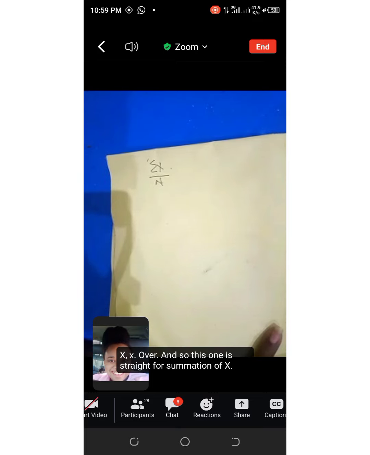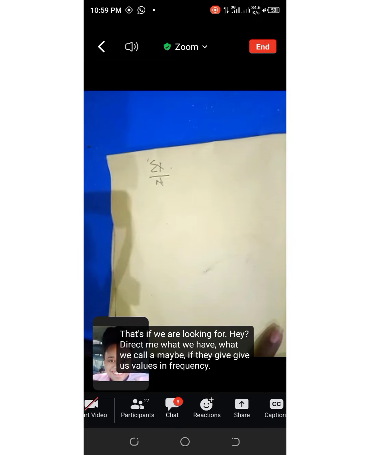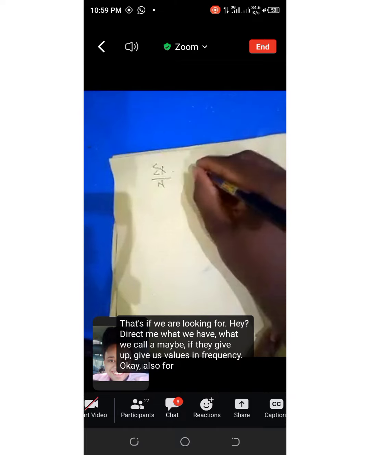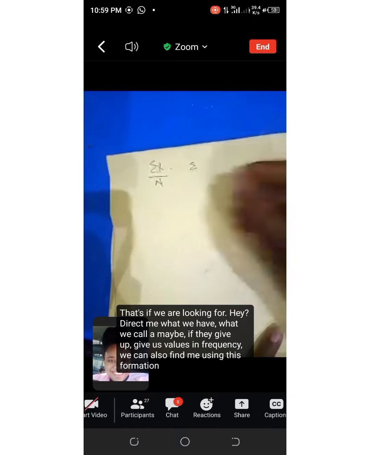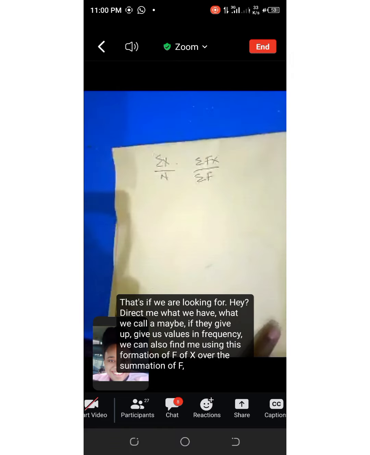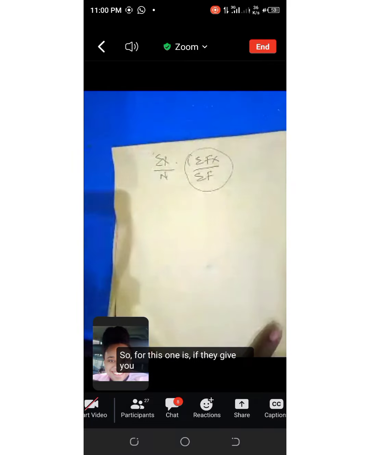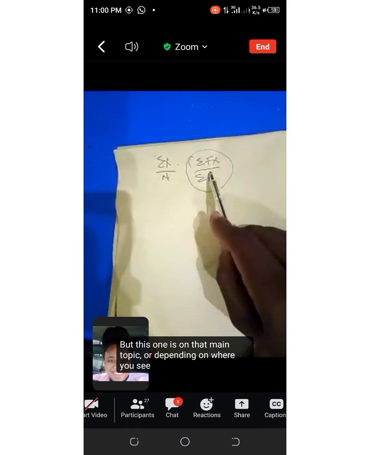That's if we're looking for a direct mean, but if they give us values in frequency, we can also find the mean using the summation of f x over the summation of f. That one is under the mean topic, depending on where you see it. So you can use this to solve the mean.